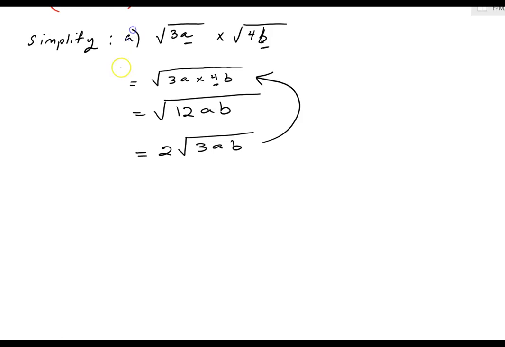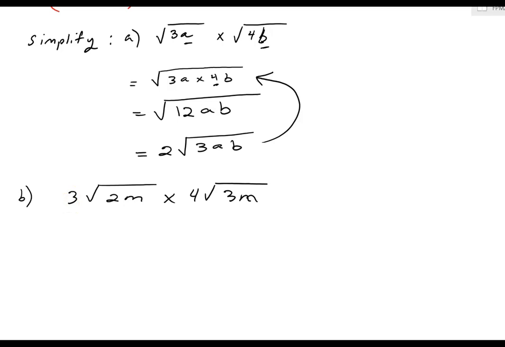Let's look at another one, where you have the same variables. So let's look at this one. 4 times the square root of 3m. All right, so we got 3 root 2m times 4 root 3m.